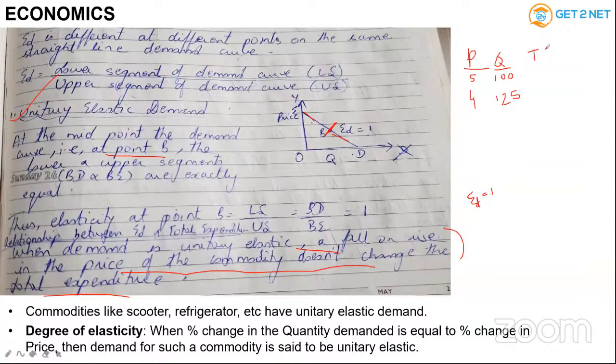Total expenditure will be 500. This will also be 500. Hence proved or not? If the demand is unitary elastic, a fall or rise in the price of the commodity does not change the total expenditure. Clear or not? Any doubt in this context?